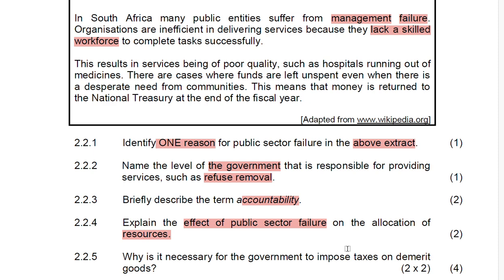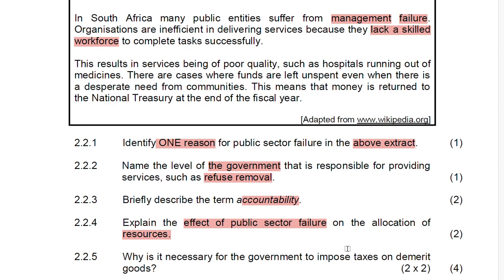I'll make an example. If more money is allocated to a department that doesn't need money, or that is not going to use money, or that will use money but in an incorrect way, that will result in the failure in the allocated resources.